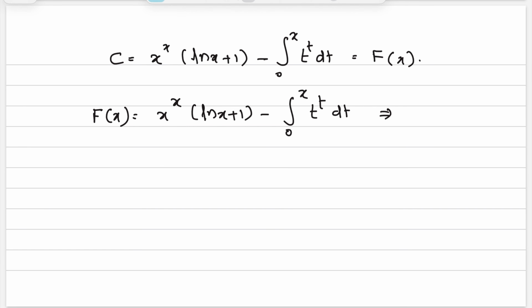By differentiating now we will apply the differentiation, not in the initial step. Don't make that mistake. Now we will differentiate on both sides.